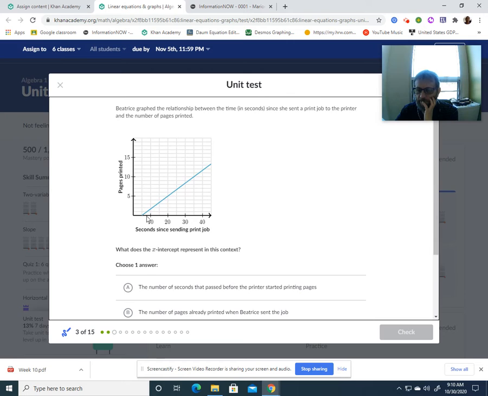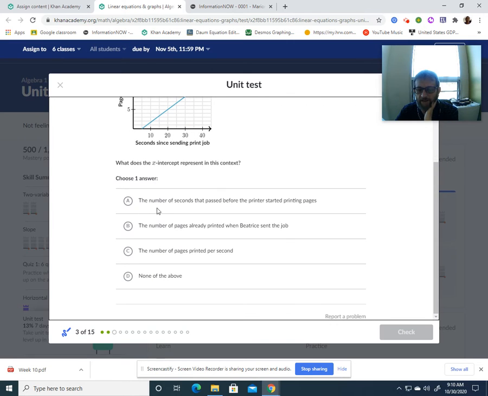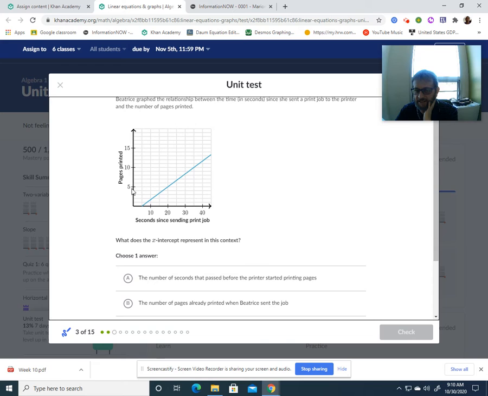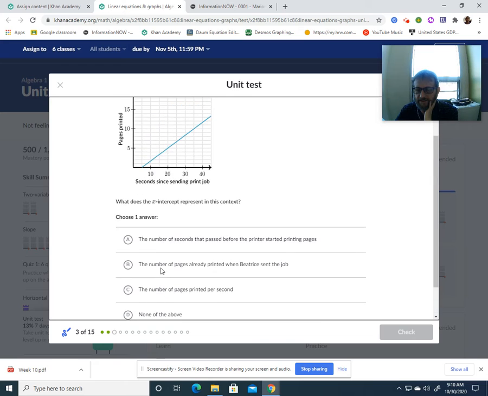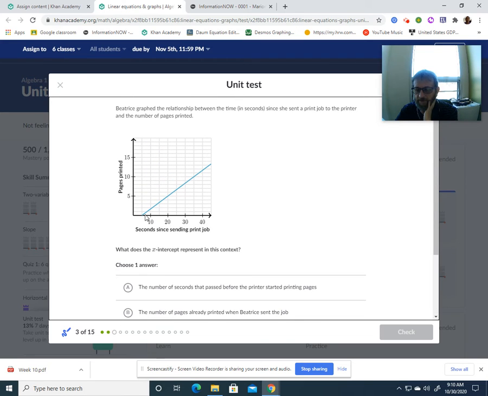There was a gap. So what's happening? The number of pages already printed when she sent the job, no, that would have been the y. Pages is here, this is time. Number of pages printed per second, no, that's the slope. It's the number of seconds that passed before it started printing. It took time to begin.